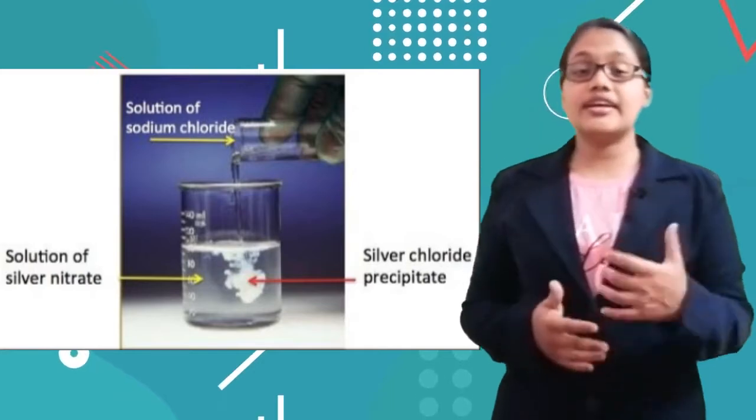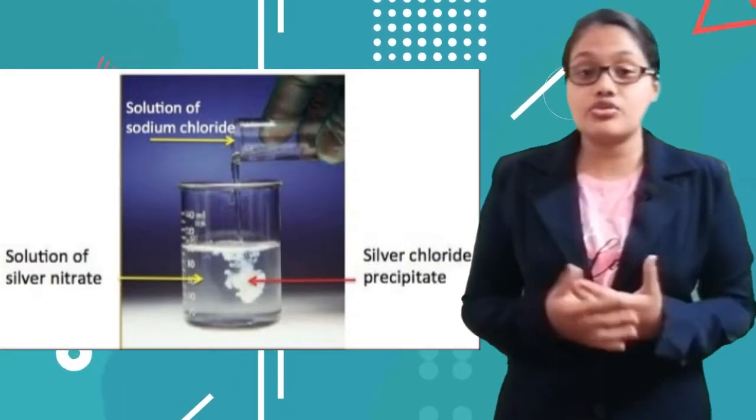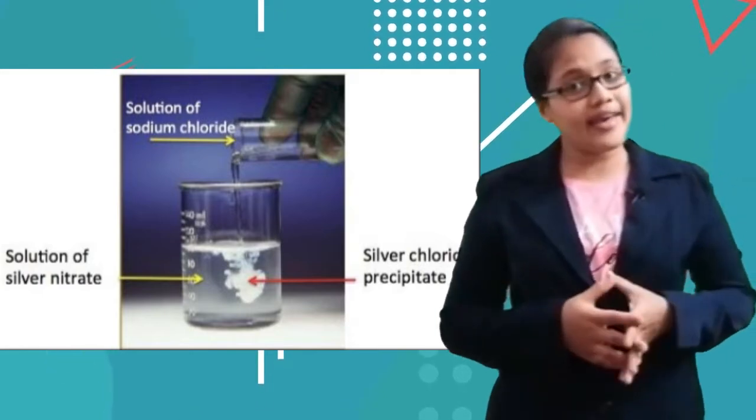Silver chloride decomposes in the presence of light and produces silver metal and chlorine. Such reactions are decomposition reactions, in which a single substance decomposes and gives two or more simpler substances.